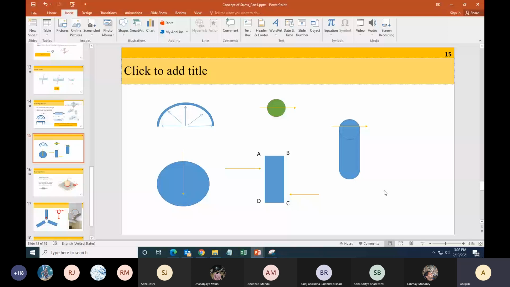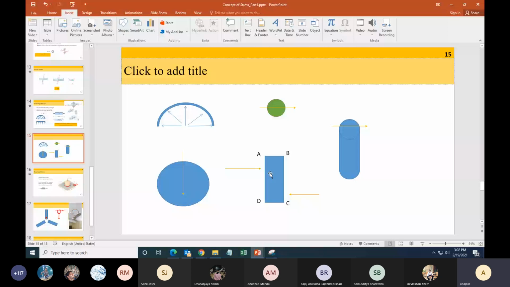Because of these yellow loads, this rectangle deforms. Will this rectangle remain a rectangle? Sir, in this case, what is area? It will be a parallelogram or rhombus, so that is shear.